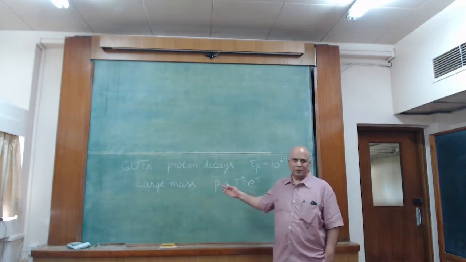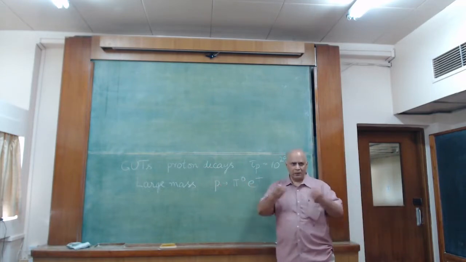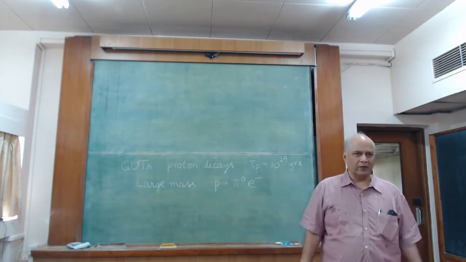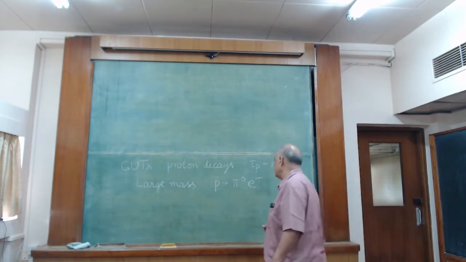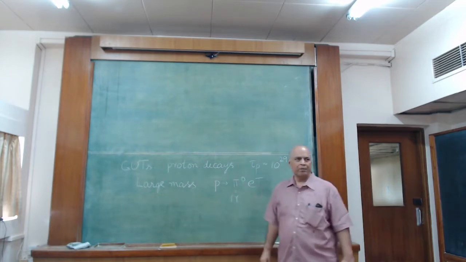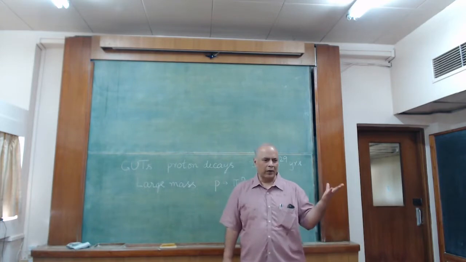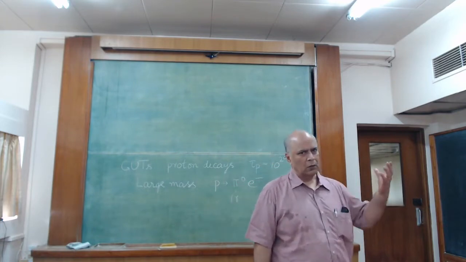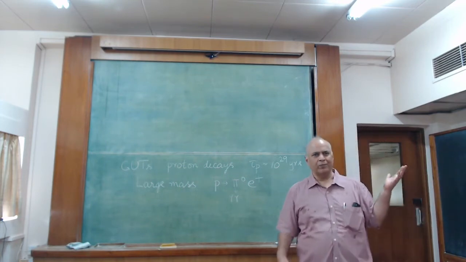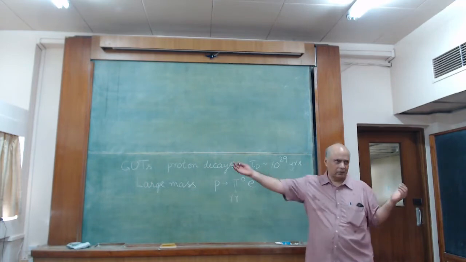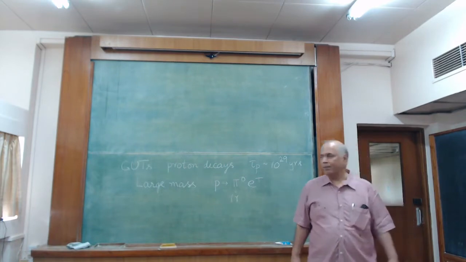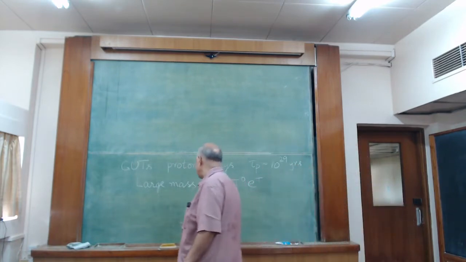And proton is at rest, so pi naught and e plus will come out back to back, each with energy about 470 MeV. And this pi naught will decay into 2 photons. So what you aim to detect is 2 photons on one side with total energy 470 MeV, and a positron on the other side with energy 470 MeV.